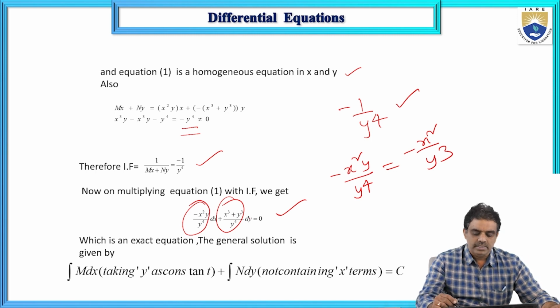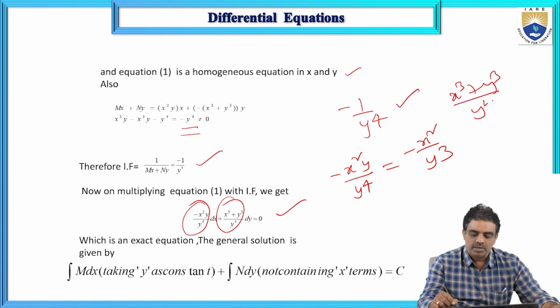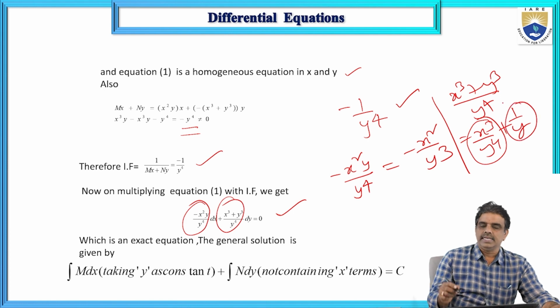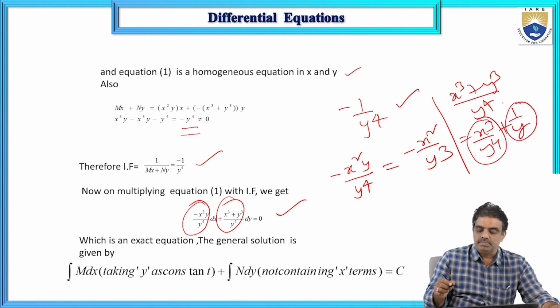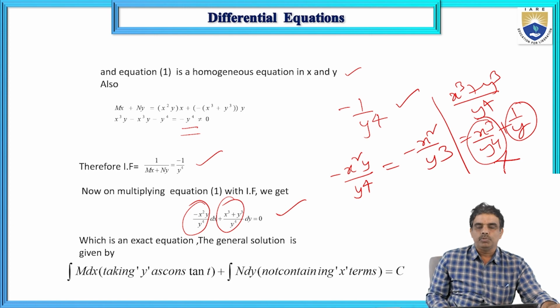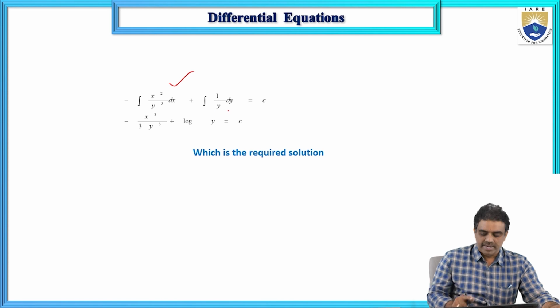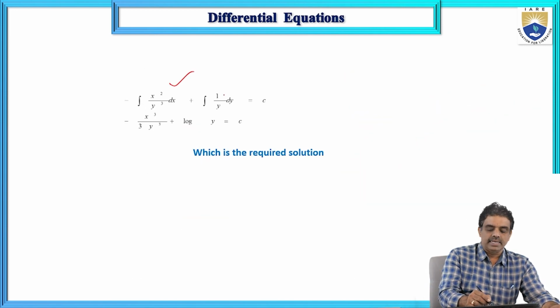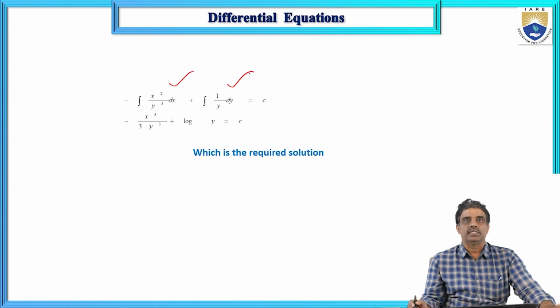Plus y cube by y power 4, that is 1 by y. This is containing x terms and this is not containing any x term. So we have to omit this term, x cube by y power 4. The remaining term we write is 1 by y. Am I right? 1 by y only, second term. That I write here, integral 1 by y dy is equal to c.